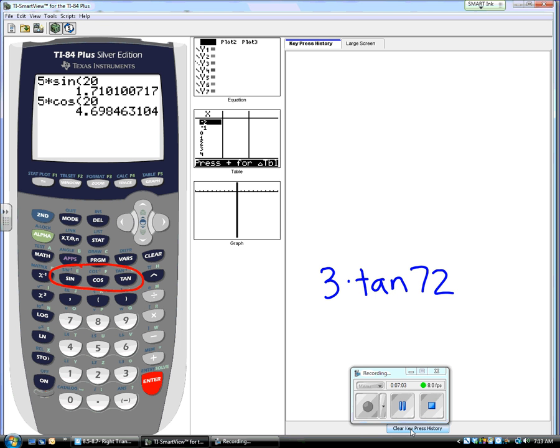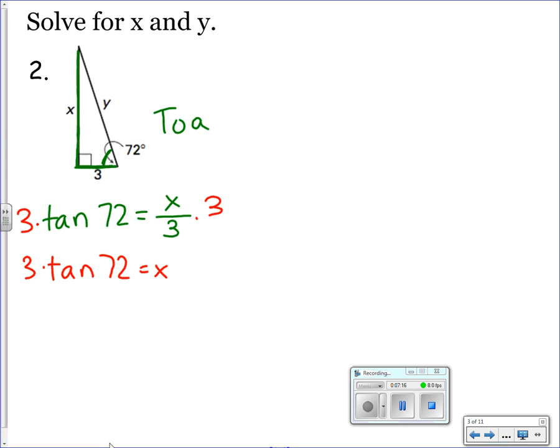So it's just as we had been doing all the other ones. 3 tangent 72. Press enter. 9.233. So x is going to be 9.233, but we're going to round to 2 decimal places so that we don't need that other 3. It just helps us to round.